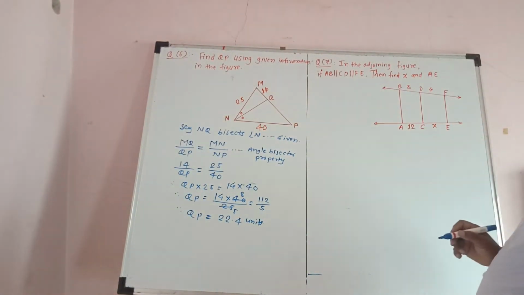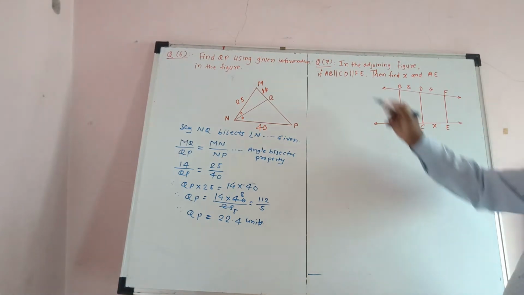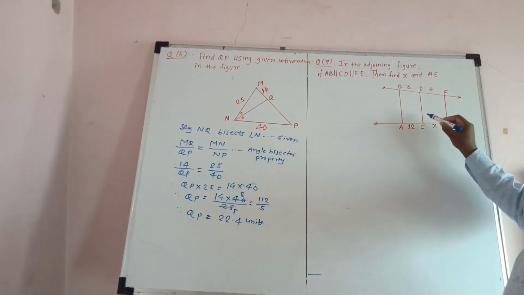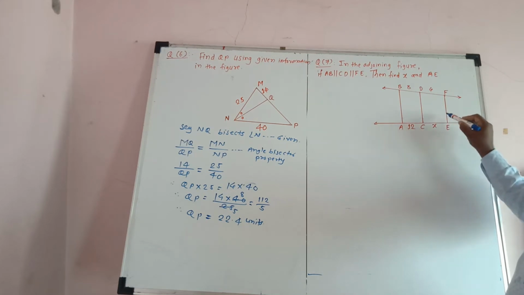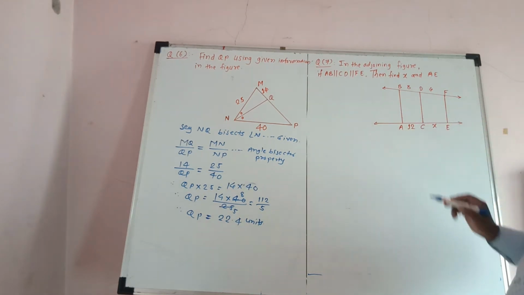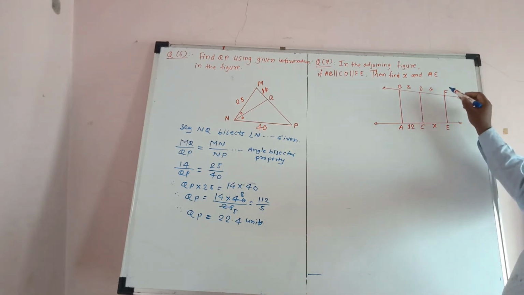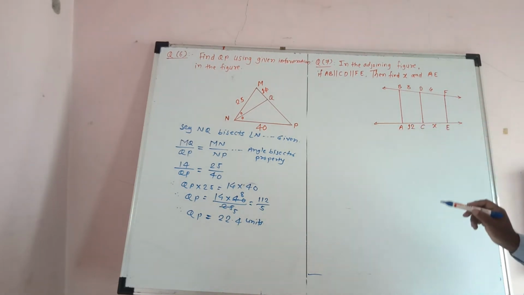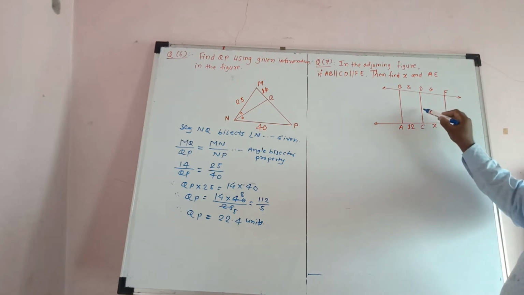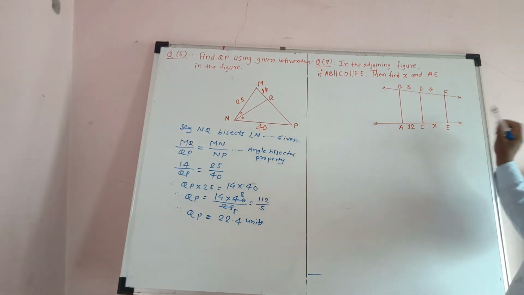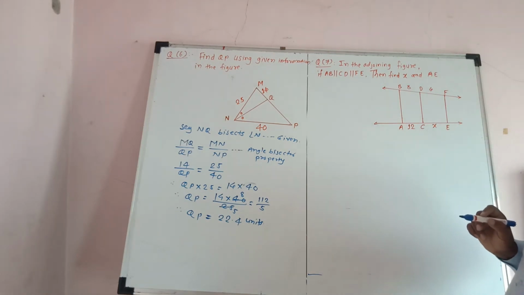Now example number 7. In the adjoining figure, AB parallel to CD parallel to FE. Then find the value of X and AE. So these three are the parallel lines and these two are their transversals.